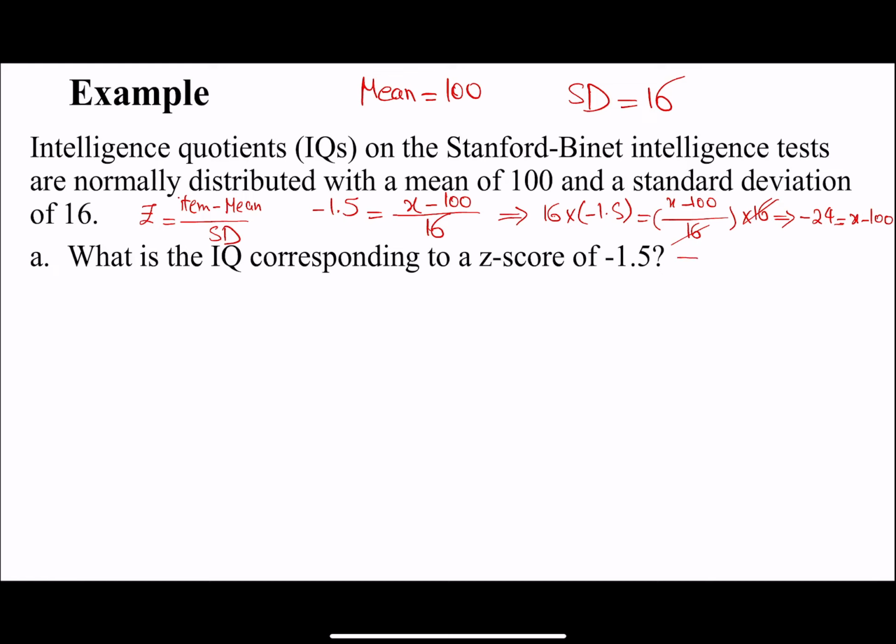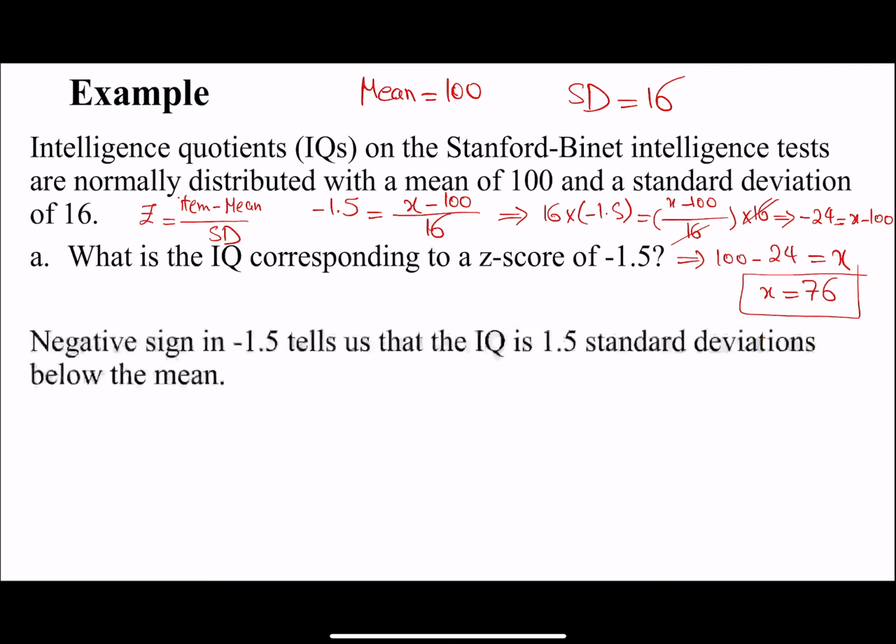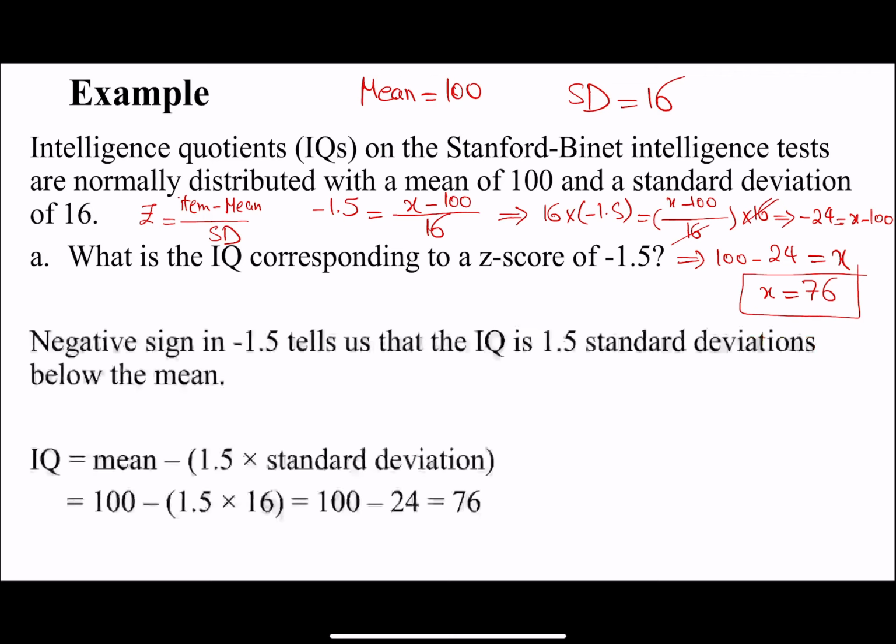So x is equal to 100 minus 24, which is 76. You can follow any methodology to find x. This is my method. As long as you have 76, that's great. So I found it is 76.